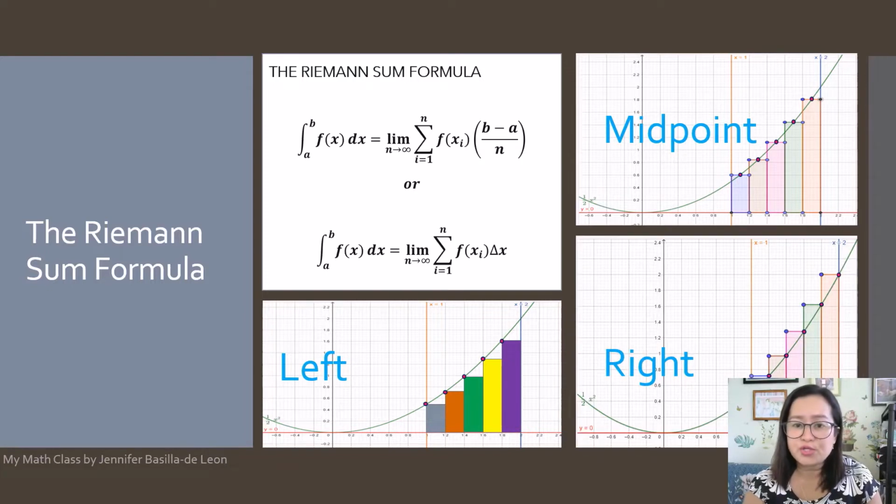We can also use the midpoints of the side containing the left and right vertices of the rectangles, and we call that the midpoint Riemann sum formula. All of these are used according to the area bounded by the curve.